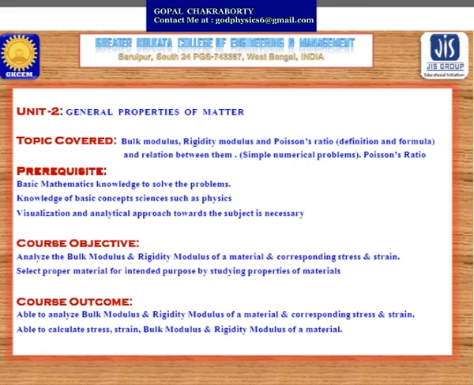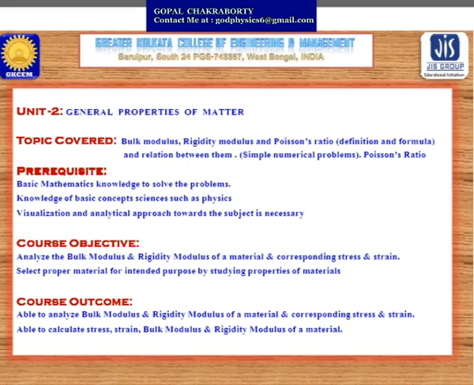Now the course objectives are: analyze the bulk modulus and rigidity modulus of a material and the corresponding stress and strain, and select proper material for an intended purpose by studying properties of material.